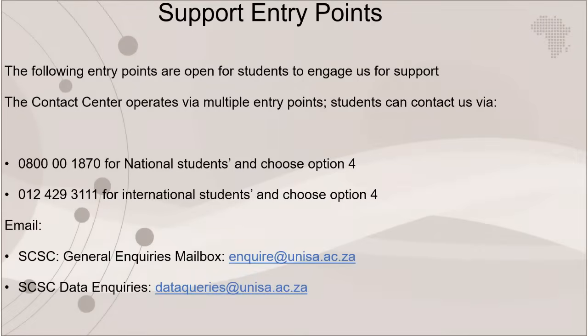For the telephone platform, you can call 0800 00 1870 for national students. Please ensure you choose option 4, because other options are not a priority during this period. We have enough consultants behind option 4 so that you can be assisted.